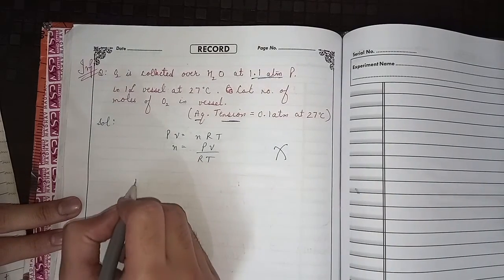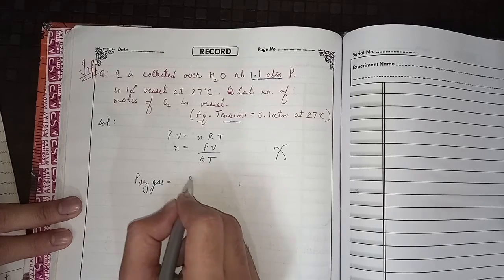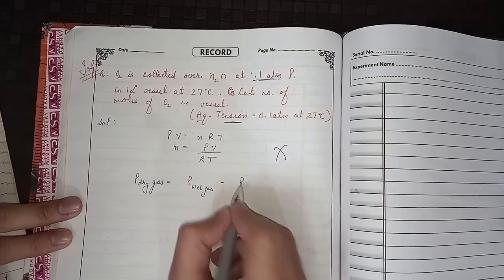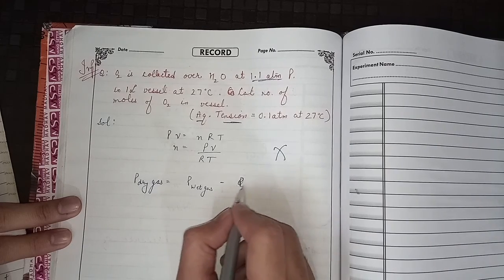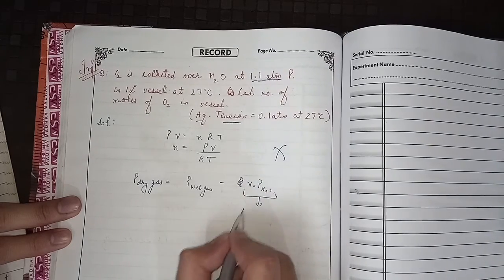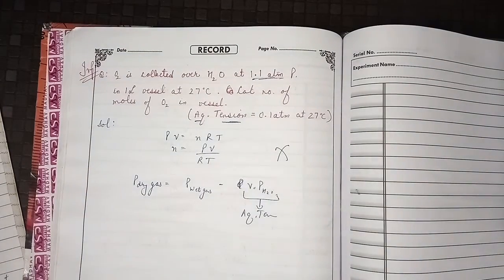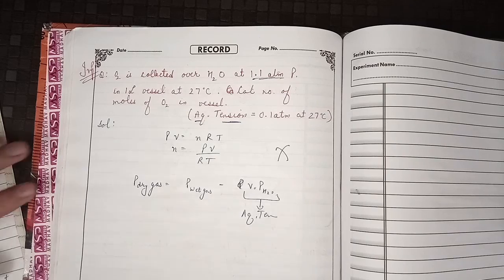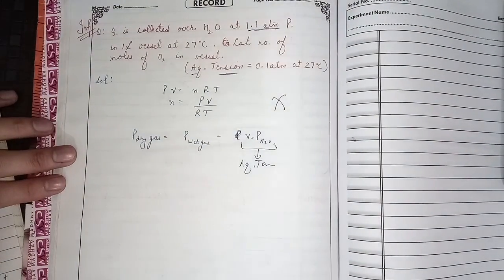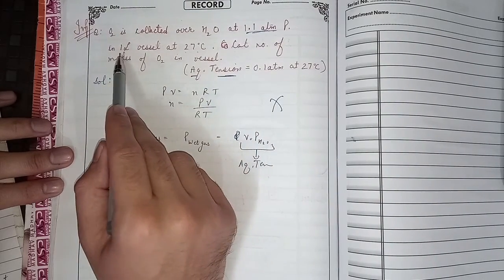As we discussed, the pressure of a dry gas is equal to the pressure of a wet gas minus the vapor pressure of water, and this is also known as aqueous tension. So we have to calculate the moles for only oxygen, meaning the moles for the dry gas. The temperature will remain the same and the volume will remain the same.